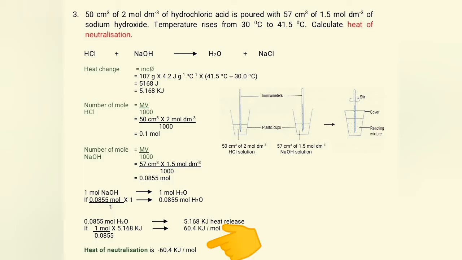To calculate heat of neutralization, the first step, write down the balanced chemical equation for the reaction between hydrochloric acid solution and sodium hydroxide solution to form water and sodium chloride. And next, calculate the heat change or heat released from the reaction.